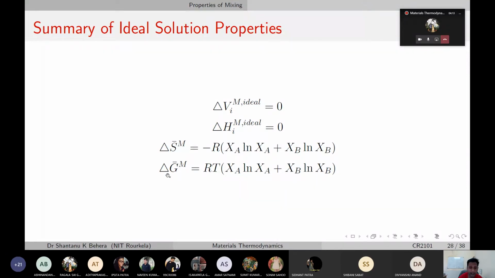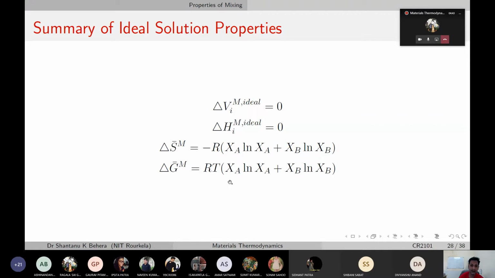And on the contrary, for the Gibbs energy change, the formula itself has no negative sign, but the log term is a negative number, and this makes the whole thing negative because R and T are positive numbers. So even in an ideal solution, in the absence of interactions between components, it still goes for spontaneous mixing, and that's typically driven by entropy change.